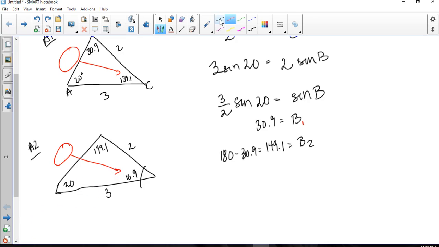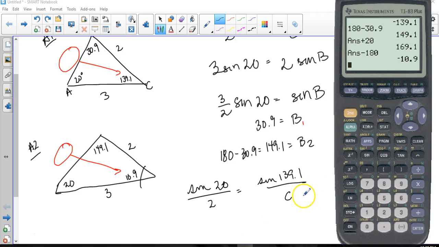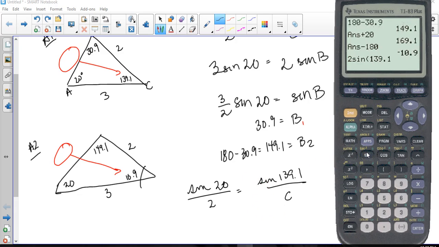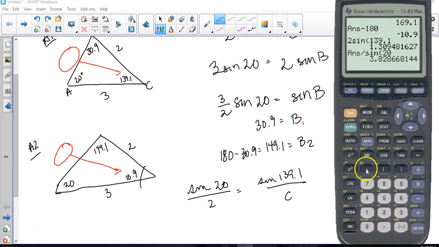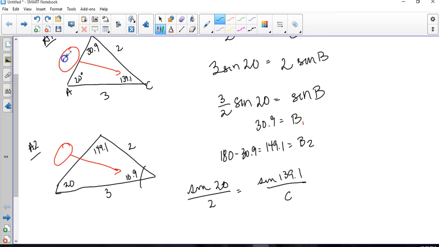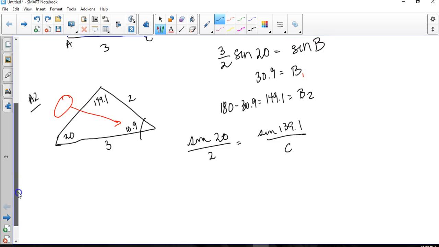All right, so sine of 20 opens up to a 2. Sine of 139.1 opens up to something. So this is going to be C times sine of 20 equals 2 times sine of 139.1, and I'll divide off sine of 20, and I get 3.8-ish. Now I'm lazy. All right, math people tend to be lazy.